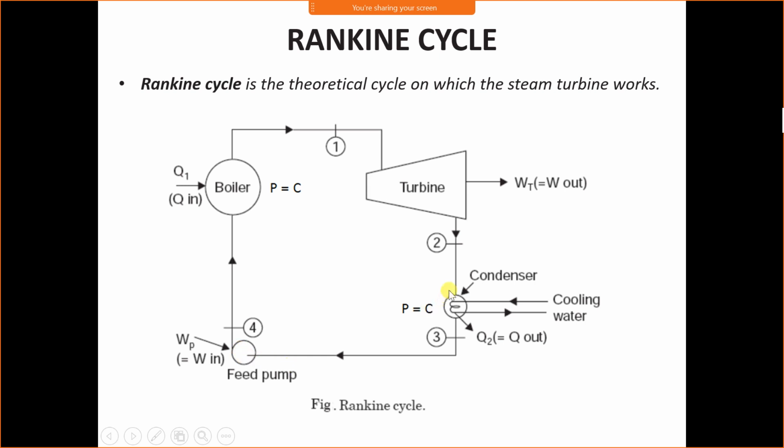If the pump needs to push a mixture of water and vapor, and vapor is compressible, the work required to drive the pump will be greater and the overall efficiency of the plant will decrease.